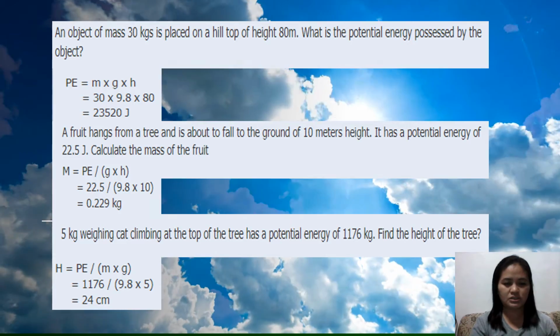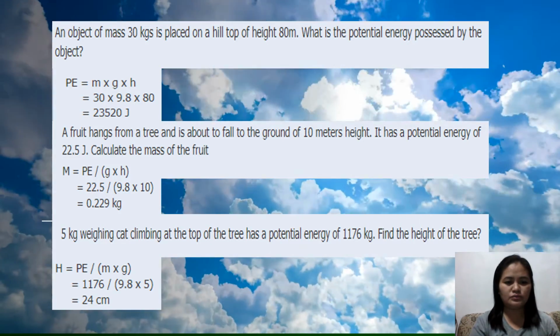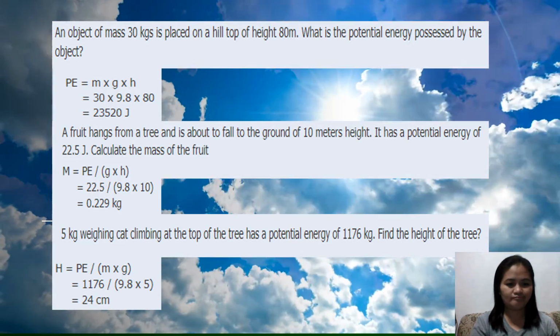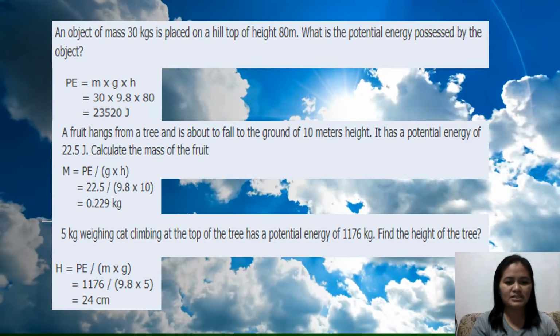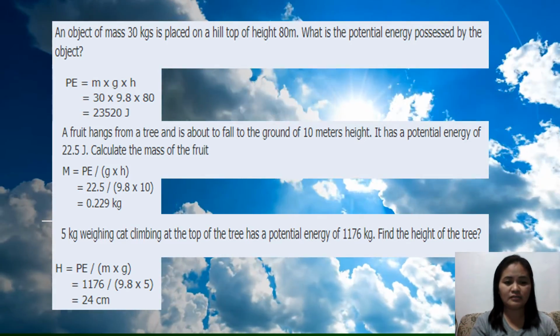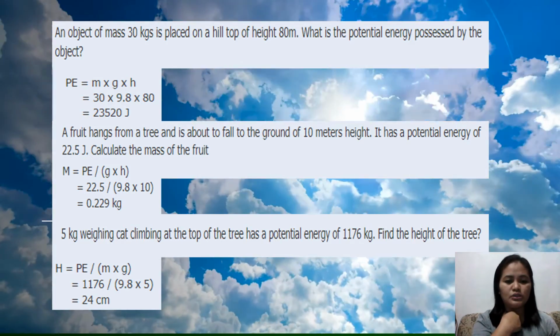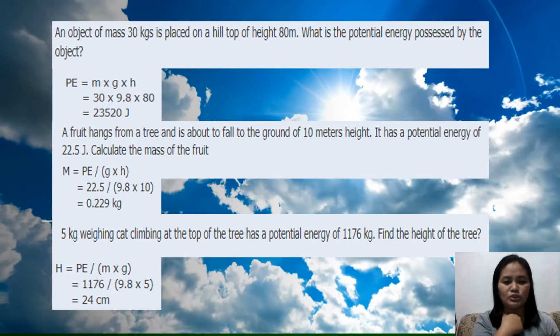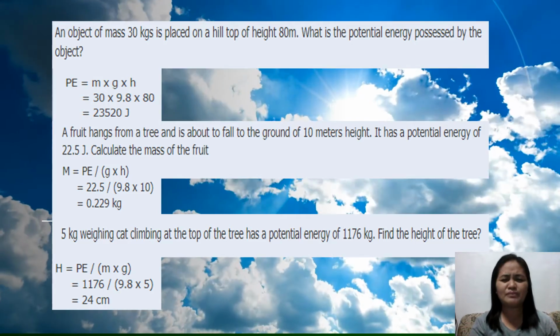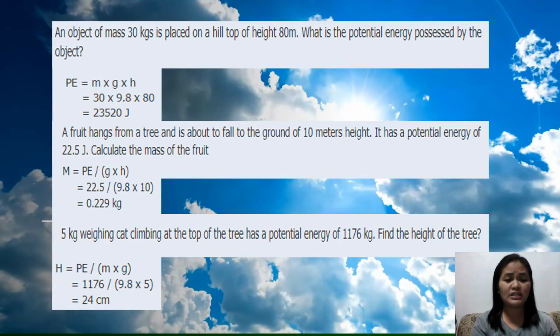Potential energy, 1,176 joules. Ano yung mass niya? 5 kilograms. 5 kilogram weight, weighing, sabi niya. Yung G, constant na naman yon 9.8. Baka mamaya hanap-hanapin nyo yung G. Constant value siya talaga, 9.8.